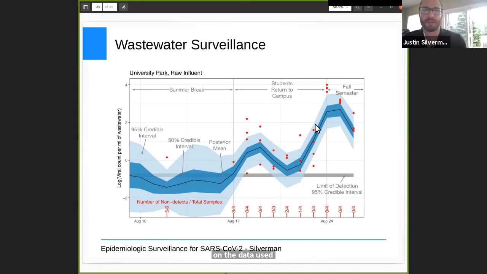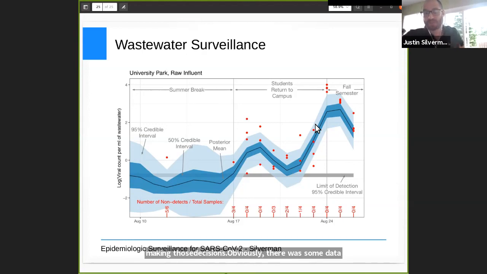So, a lot of the shutdowns weren't mandated by data, essentially, or directed by data making those decisions. Obviously there was some data, which is that COVID is spreading through the US population. But the question of, is it necessary to shut down?